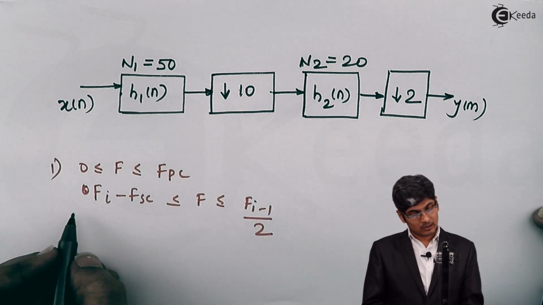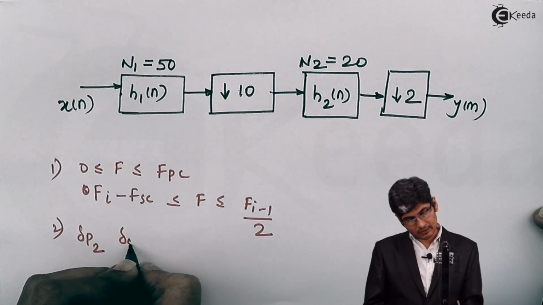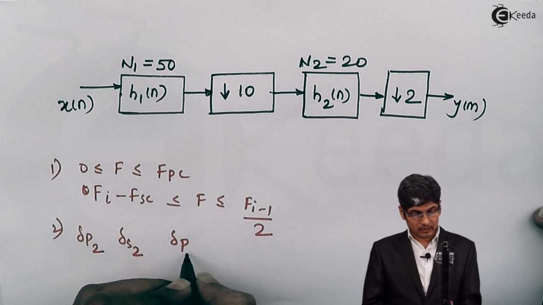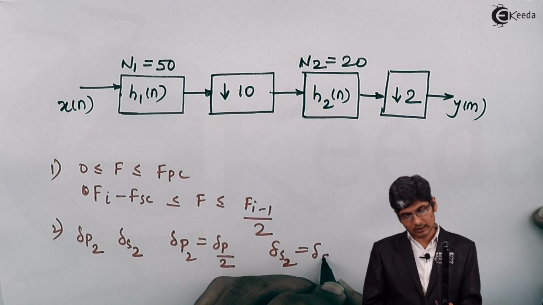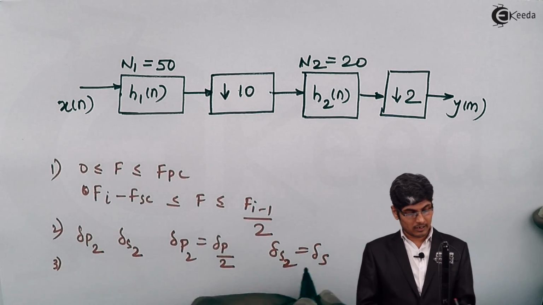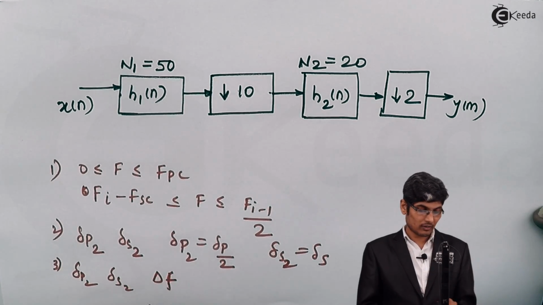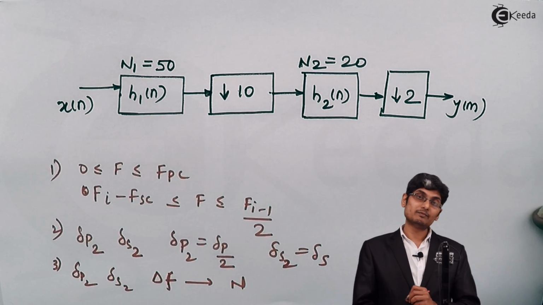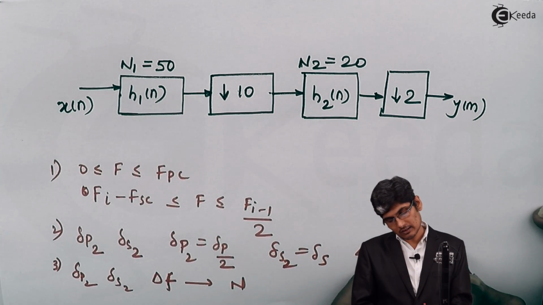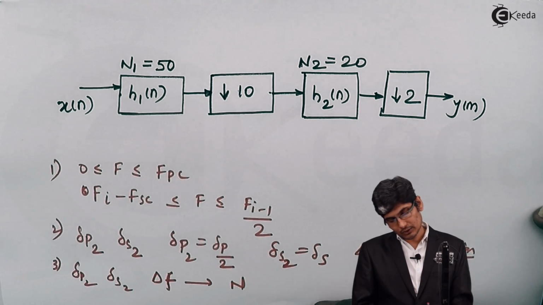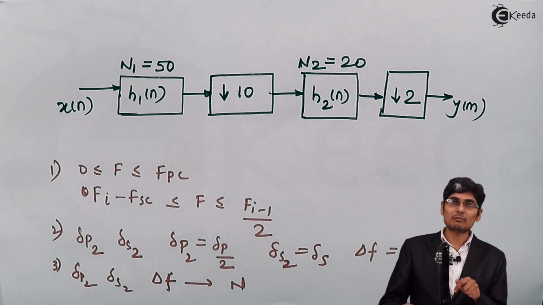Then we went for the delta P2 and delta S2 calculation, and we know that delta P2 is equal to delta P by 2 and delta S2 is equal to delta S. And third, using delta P2, delta S2 and delta F, I went on to calculate the order. Here you can also write delta F, which is nothing but the transition width upon the input sampling rate. Please remember the input sampling rate of that particular stage.